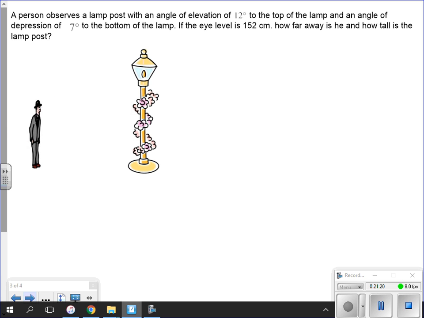So here's what we're dealing with. Angle of elevation is up from the horizontal. So if you look straight out, there's no elevation or depression. You look up from there, that's an angle of elevation. So he looks up to the top of the lamp, he's got to look up 12 degrees to get to the top of the lamp.